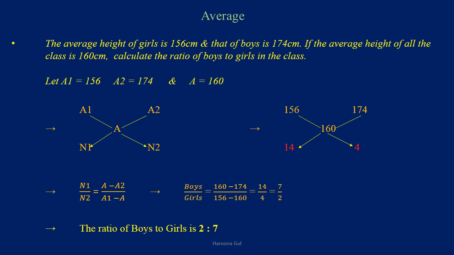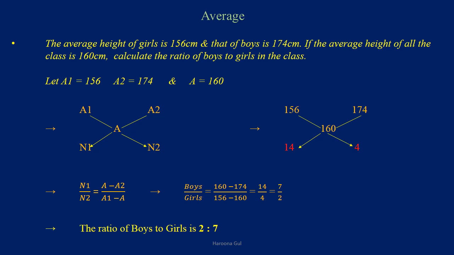Now, you see, wherever two values are involved, and we have to either find the ratio of the two values or the average of two values, we'll be using alligation, right? So over here, let A1 be equal to 156 centimeters, let A2 be equal to 174 centimeters, and A, that is the average height of all the class, be equal to 160 centimeters.